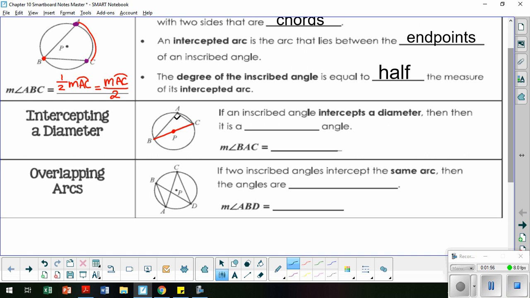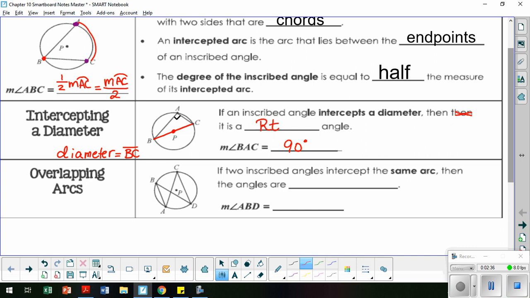So if the inscribed angle intercepts the diameter, being BC, then this is what's going to happen. If an inscribed angle intercepts the diameter, then it is a right angle, which means that angle BAC is 90 degrees.